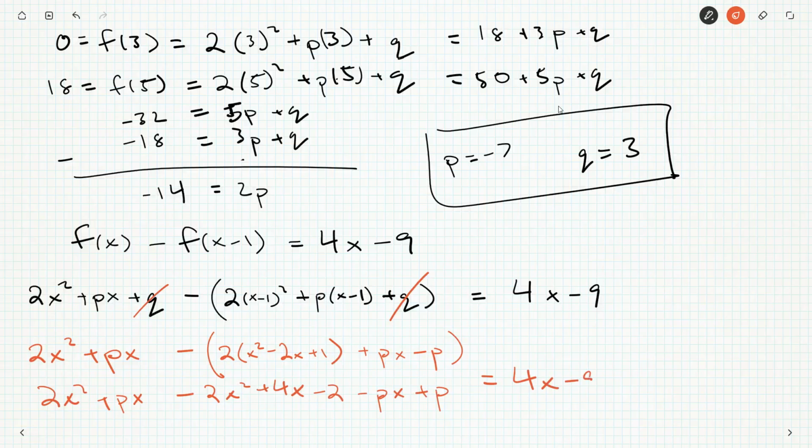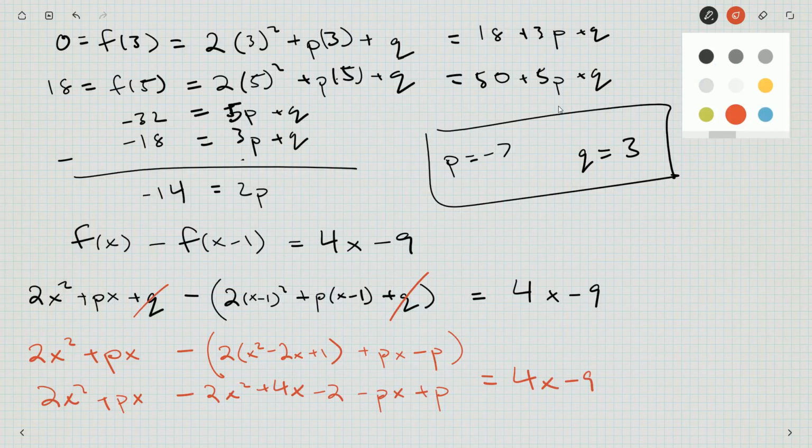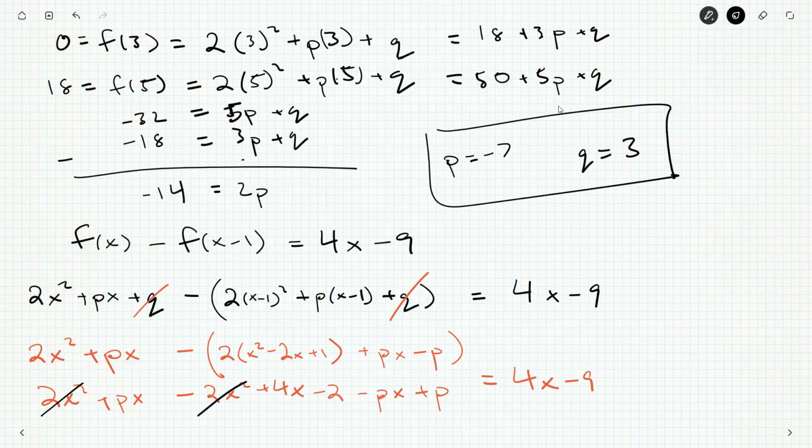So that's got to be equal to 4x minus 9. Well, there's some cleaning up we can do here. The x squareds will cancel out. Good, because we don't have any x squareds on the right-hand side. This px and this minus px will cancel out. And this 4x over here and this 4x over here cancel out. And so we're left with p minus 2 is equal to negative 9. Well, we can quickly rearrange that and get that p is equal to negative 7.